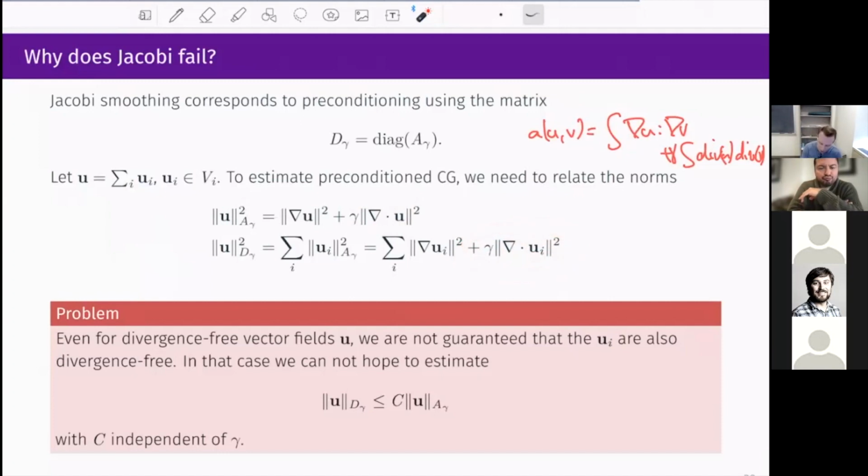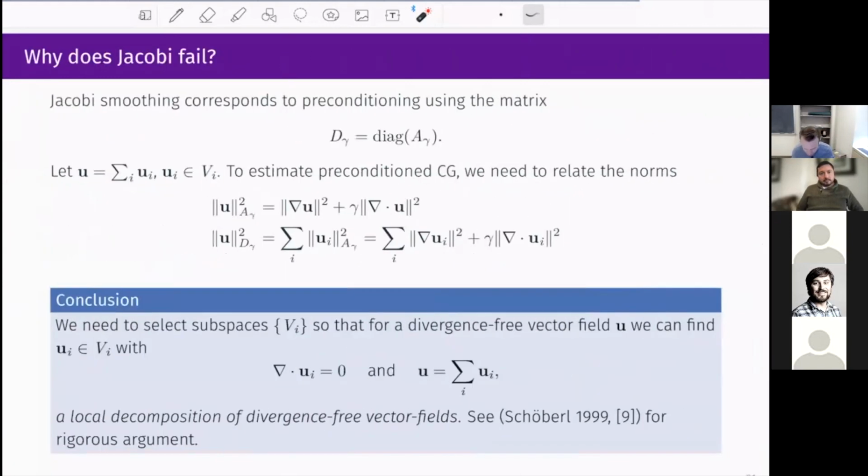So we can never hope to bound this norm by this norm in some way that doesn't depend on gamma. And that's exactly what I'm saying in this red box. So we essentially have no hope in general to bound this norm by this. But this problem already tells us the solution, right?